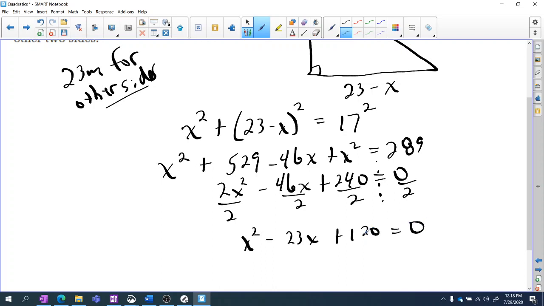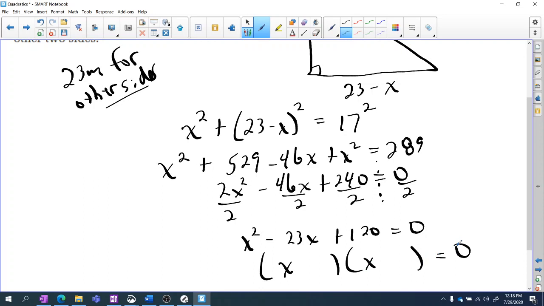Multiply to get 120 and differ by 23. They're both going to have to be negatives. 10 and 12 doesn't work. 18 and 5 doesn't work. 24 and 5 is no good.